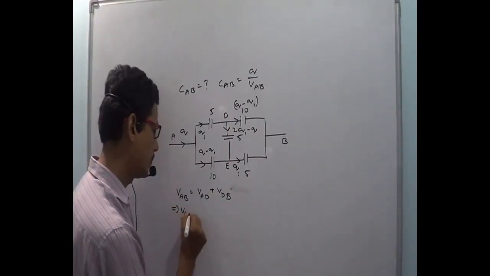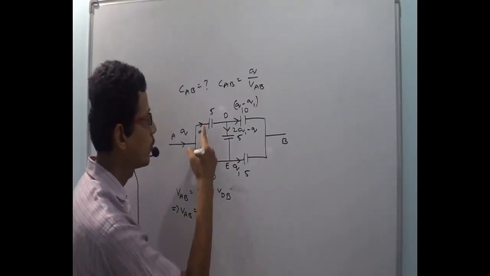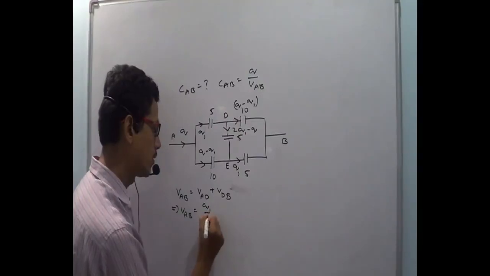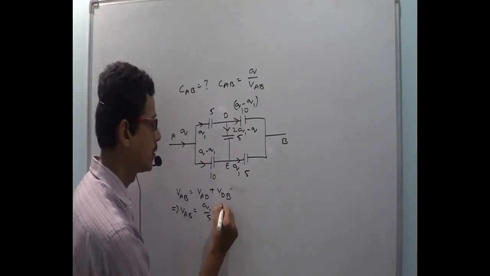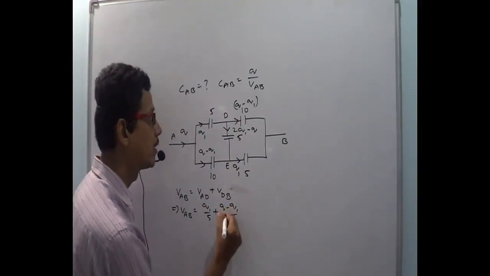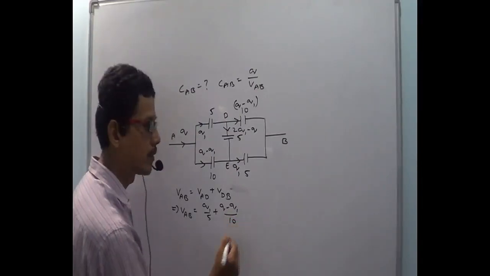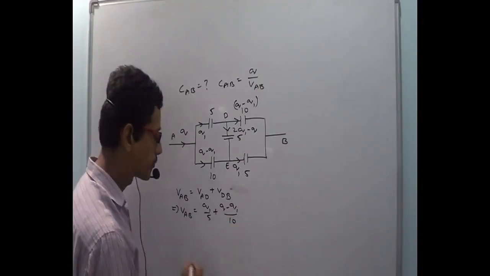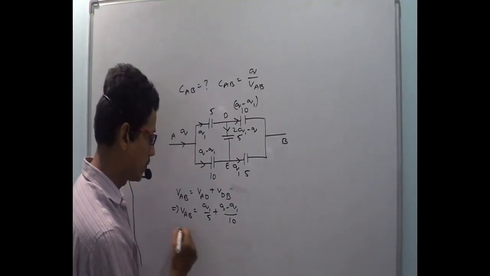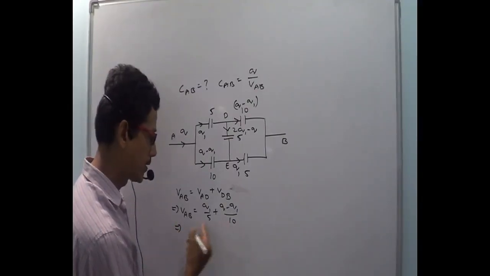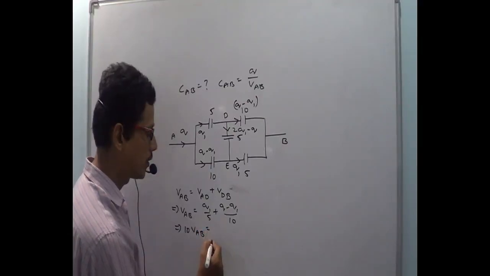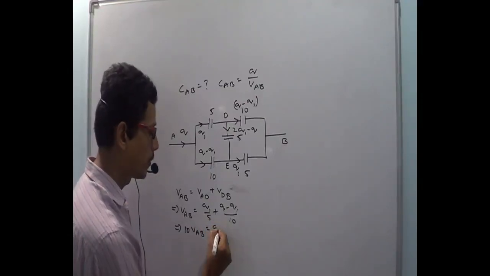That implies VAD is Q1 by 5, and what is VDB? Q minus Q1 by 10. So the LCM is 10: 10 VAB is equal to Q plus Q1.